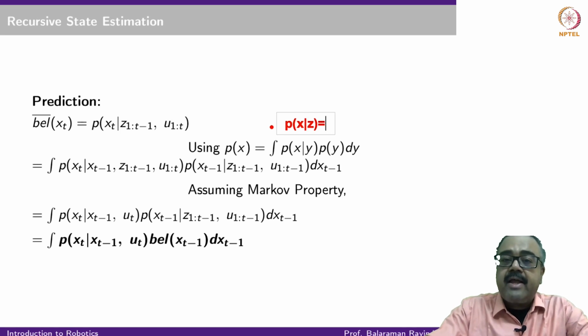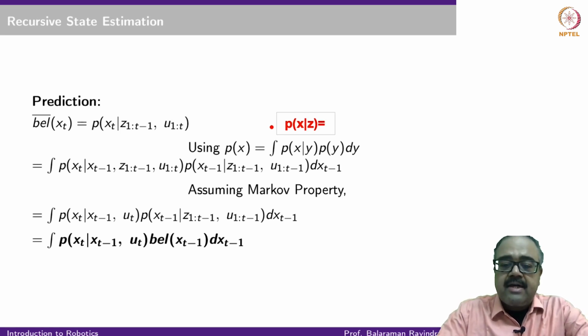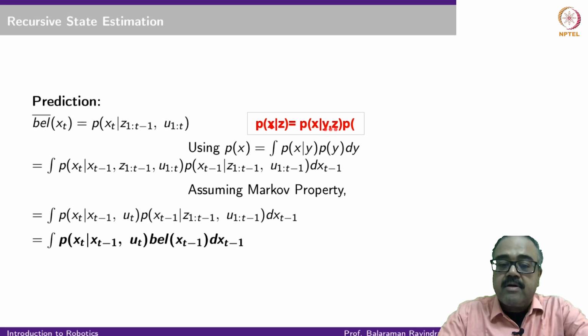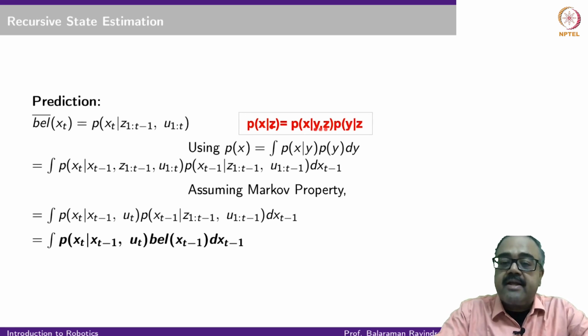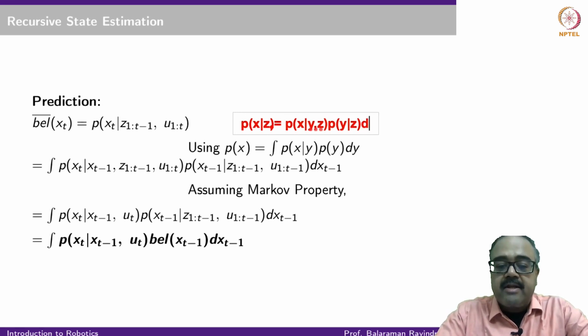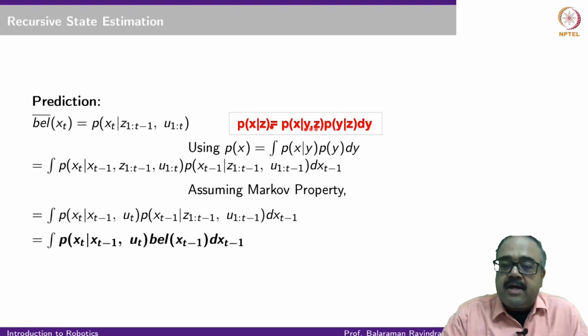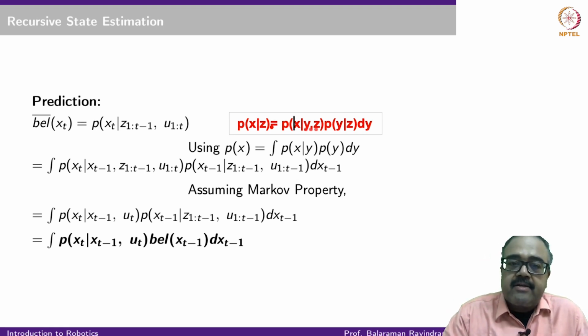Now I can write that as the integral of the probability of x given y comma z, times the probability of y given z, dy. And of course I have to take the integral over here.